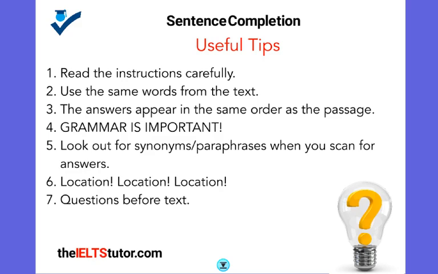So there's no need for you to randomly jump around the passage, from paragraph 6 to paragraph 3, from paragraph 7 to paragraph 1. There is no need for you to do that. You should be able to find the answers in the order that the questions appear in. Now, unlike short answer questions, in sentence completion tasks, grammar is absolutely important.